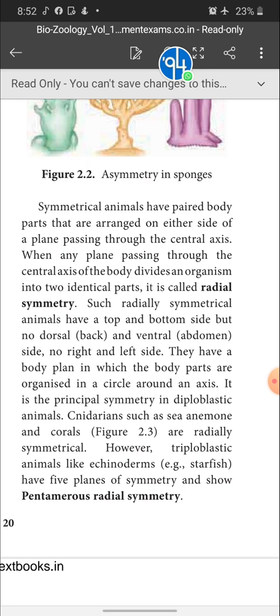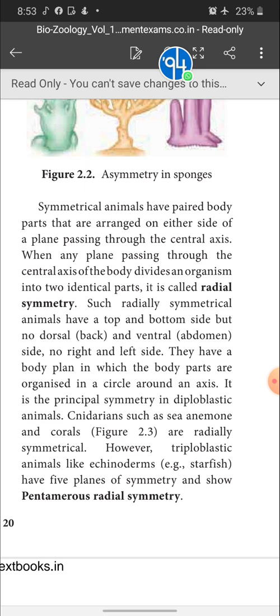If we cut through this central axis, we will get two equal halves on both sides of the central axis. See, on either side, two halves of the forehead, one ear on either side, one eye on the left side and one eye on the right side. In the same way, one nostril on the left side and one on the right side. Half of the mouth on the right side, half on the left side. Like that, one hand, one half of the thoracic cavity, one half of the abdominal cavity, one leg on one side, and the same way on the other side.